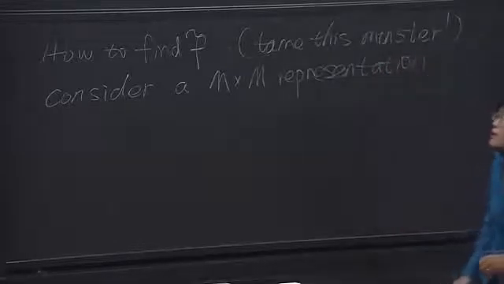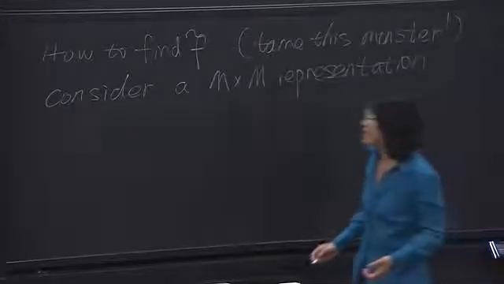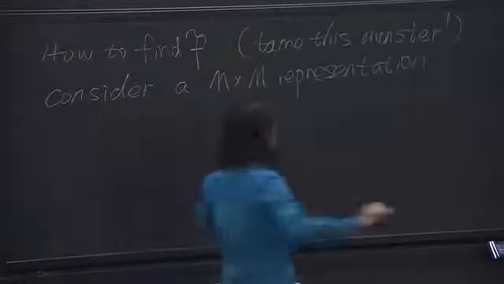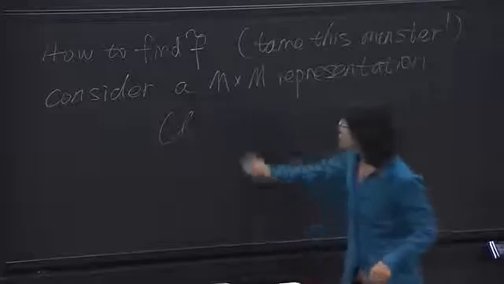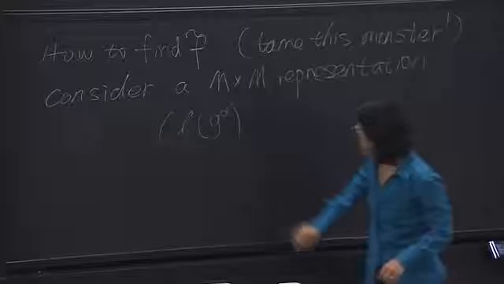Remember, we only consider unitary representations. I know the others exist, but that's what I'm going to consider. So we're going to consider a unitary representation that depends on G alpha.